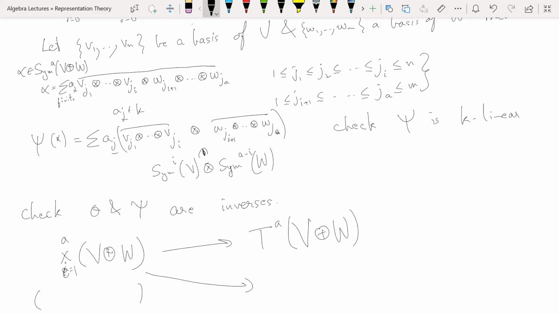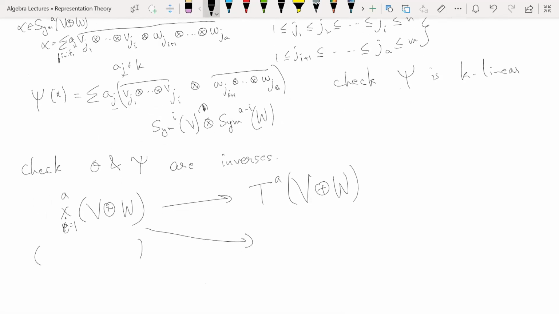So it's A tuples of vectors, and those vectors you can uniquely write as a sum of a_i v_i plus b_j w_j and so on.